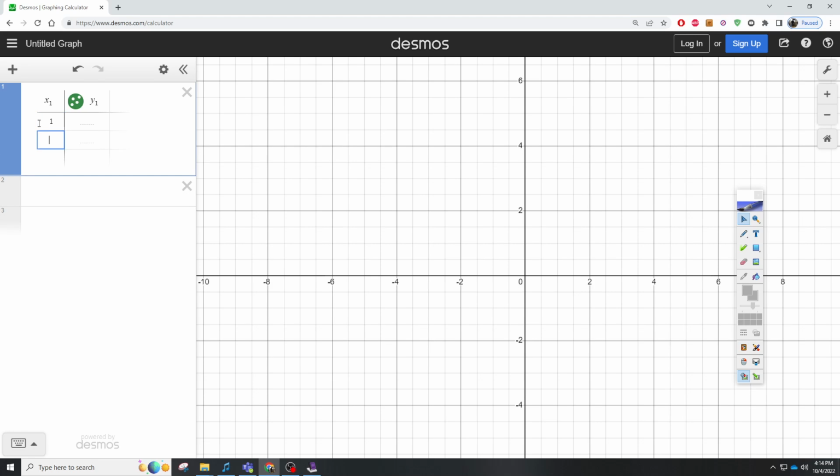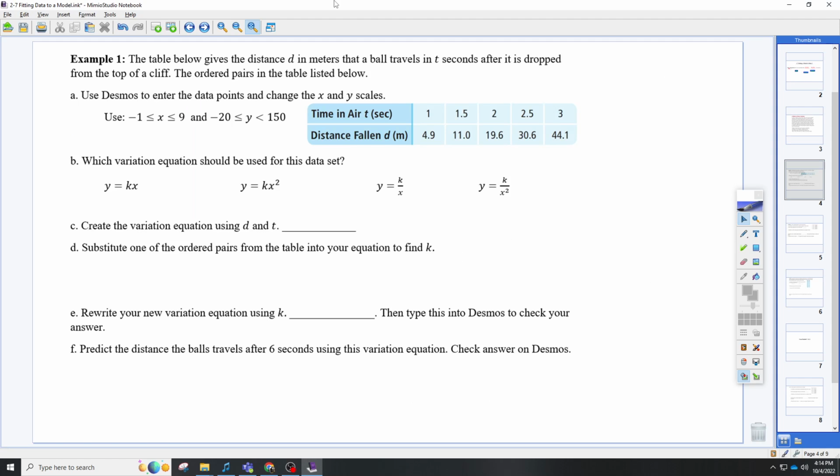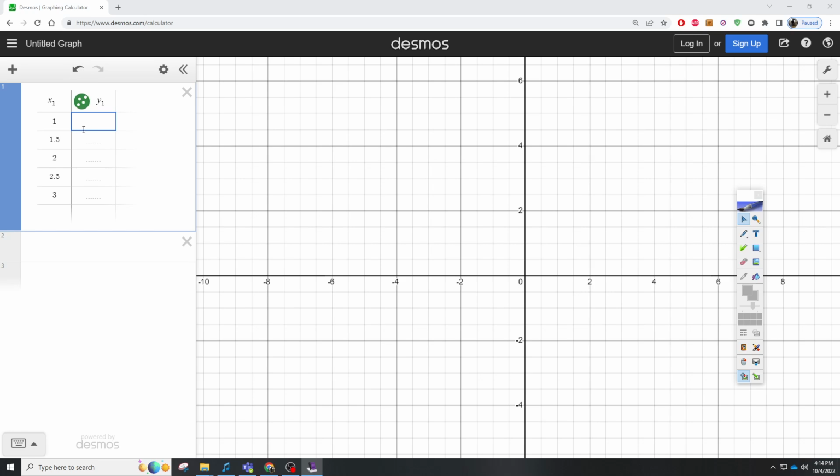You can hit enter, or you can hit the arrow down on your keyboard. And then I'll do the same thing with these numbers. I'm actually going to move it over so I can see them at the same time. There we go.